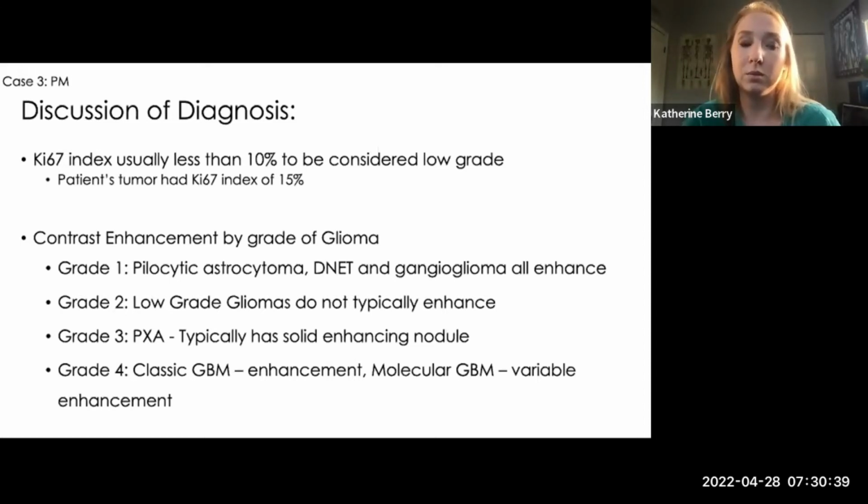And then grade 3, pleomorphic xanthoastrocytomas, PXAs, typically have a solid enhancing nodule. And then of course grade 4, we know classic GBM does enhance, but you can have molecular GBM, like he said, if it has the wild type IDH, and it might not be at the stage where you're seeing enhancement, but molecularly it's going to behave like a GBM.